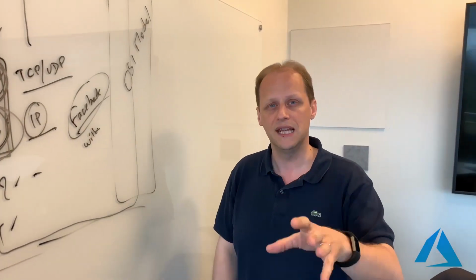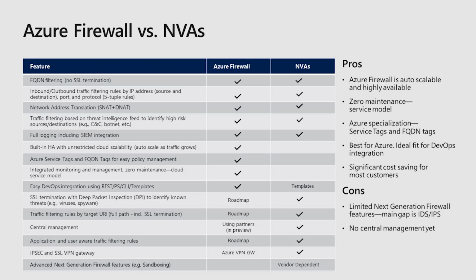Now, one of the things about this is that all those appliances run on IaaS. They run within a virtual machine, Linux or Windows, whatever the appliance is, which means that in order to run them appropriately, you need dual appliances. So you're not only going to pay for the licensing to use the third-party product, but you're also going to pay for the compute of 2 virtual machines, HA, high availability.